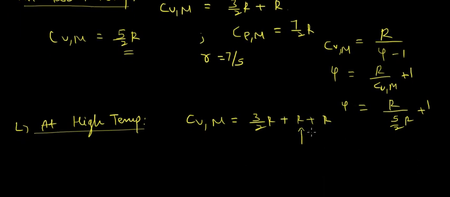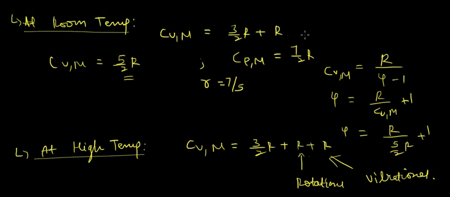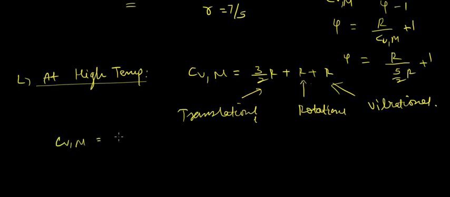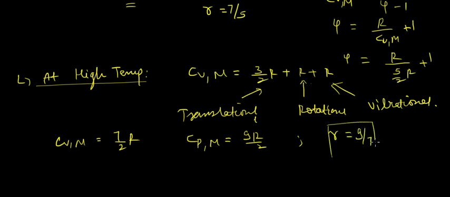Because we have rotational plus vibrational at very high temperature, and this vibrational was not there at room temperature for a diatomic gas, because at room temperature we only consider rotational plus translational, but at very high temperature we also consider translational plus rotational plus vibrational. So CVM in this case would be 7 by 2R, CPM would be 9R by 2, and the gamma value would be 9 by 7.